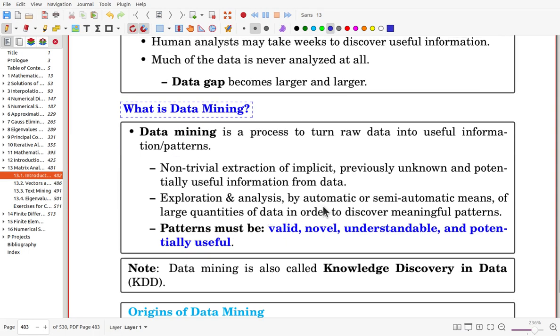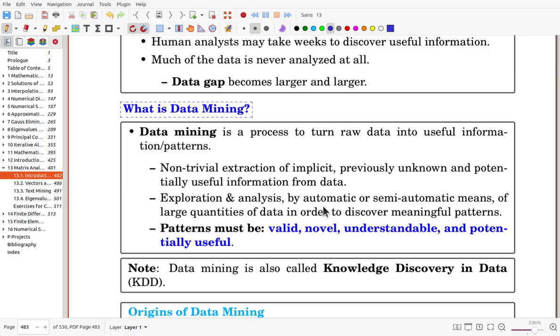What is data mining? Data mining is a process to turn raw data into useful information. And the task is not really trivial, and we have to use very advanced techniques and analysis so that we can get useful information.